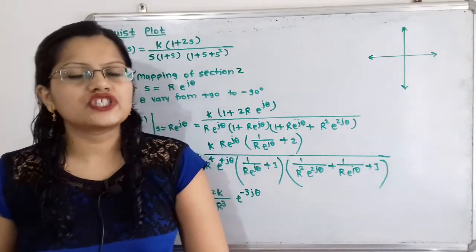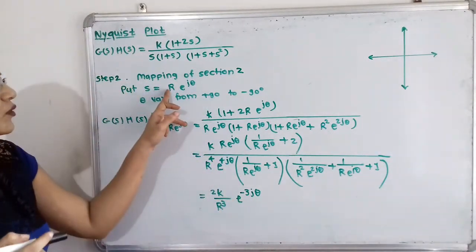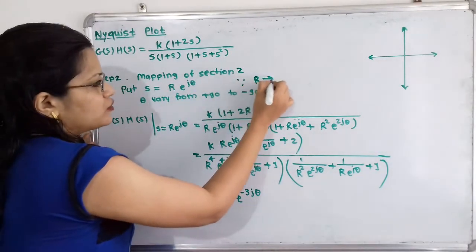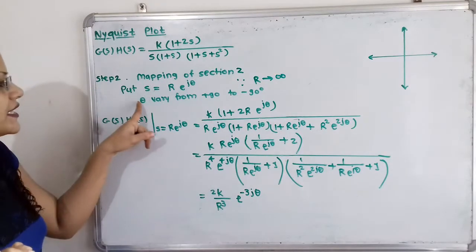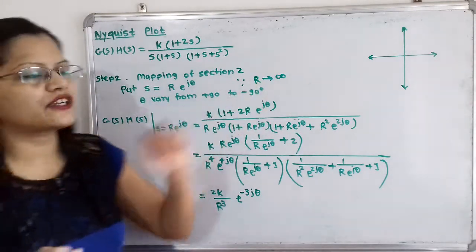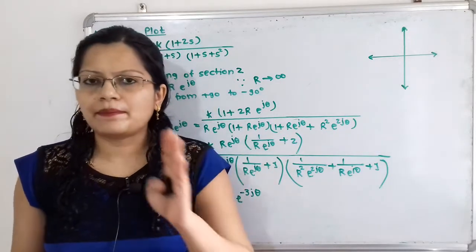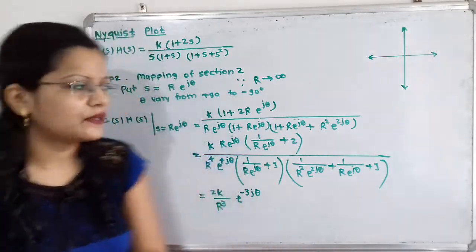For this section we have to put s equal to R e raised to j theta, where R tends to infinity and theta will vary from plus 90 degree to minus 90 degree. So instead of 90 degree we can say plus pi by 2 to minus pi by 2 also.